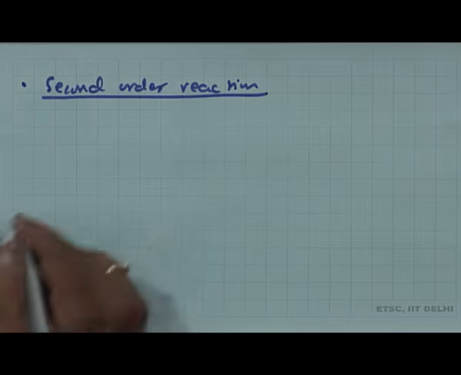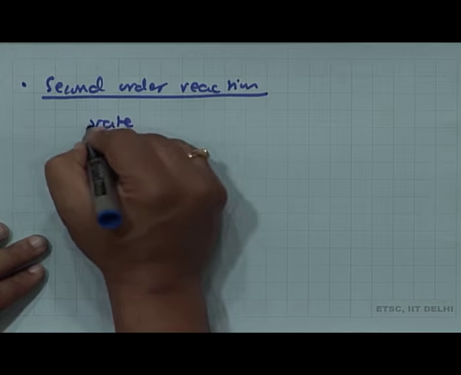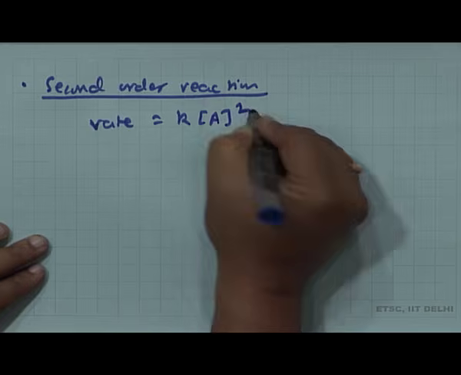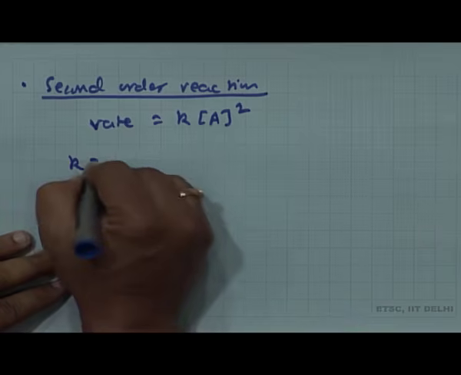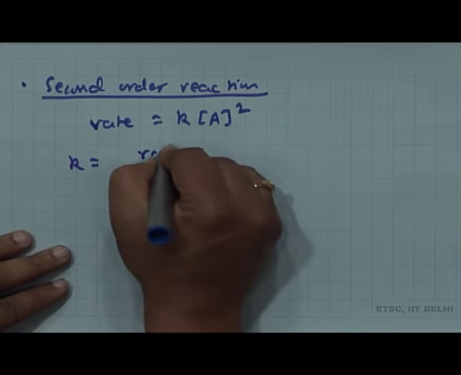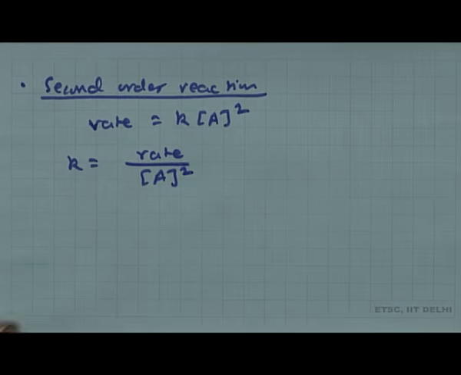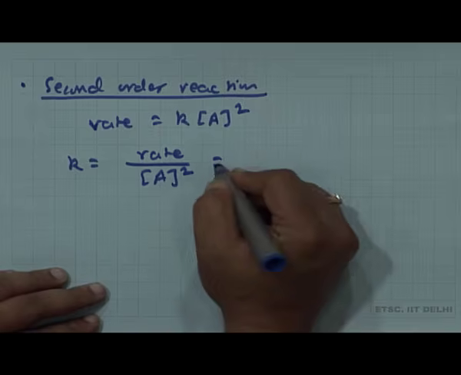So, here let us take this example where rate is equal to K times concentration of A raised to the power 2, 2 being the order, hence second order. So, therefore, K is equal to rate over A squared, okay, rate over concentration of A squared. Again, what was rate?